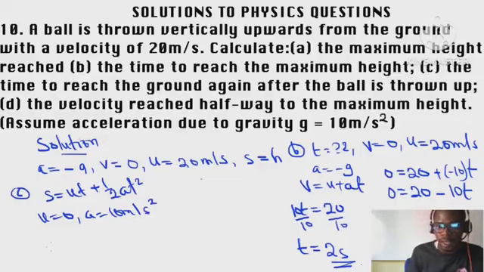So from here, we see that our x is known. We've calculated our x, which is the distance or the height attained, and we have gotten that to be 20. That means our x is equal to 20 meters.